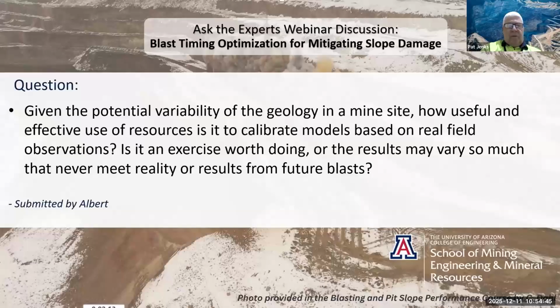I think I'd approach this a bit differently and just step away from the phrase calibrate models and not equate that with a numerical model. If you're following the blast master plan process, which I strongly advocate everyone does, you should be doing this anyway, and you're calibrating, albeit a paper model, if you will, on a bench-by-bench basis, and you're making real-time changes on that next bench by observing what happened on the bench above.